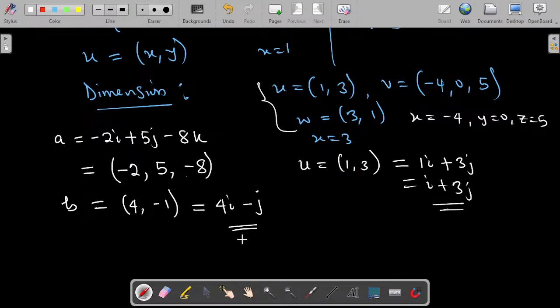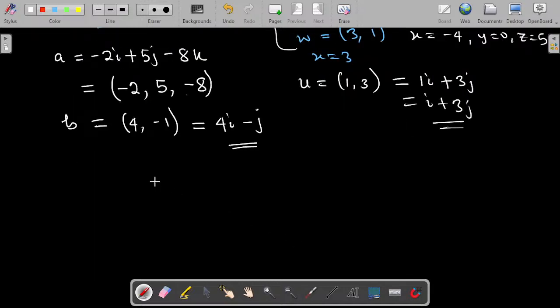Now note this one also before we move forward. These vectors that we write in a horizontal form like this, that's minus 2, 5 and minus 8, can also be written in a vertical form. So I can also write this vector this way, minus 2, 5 and minus 8.